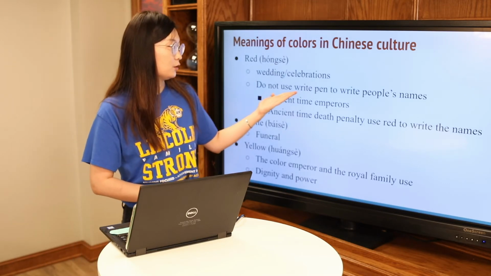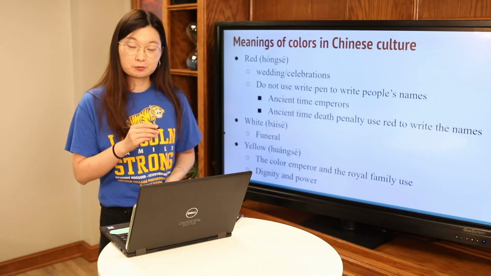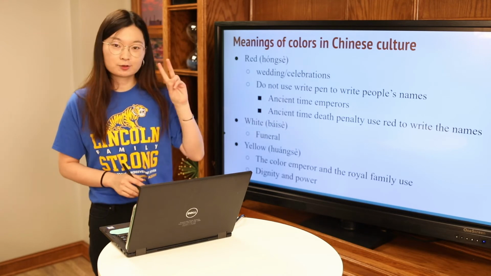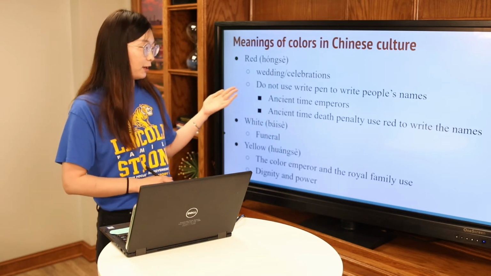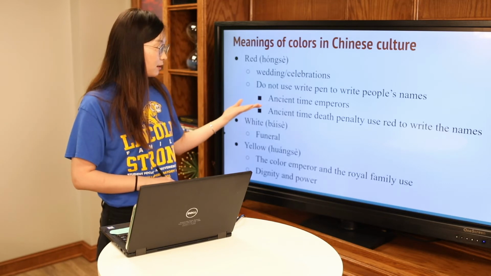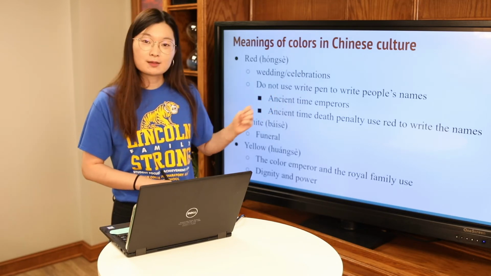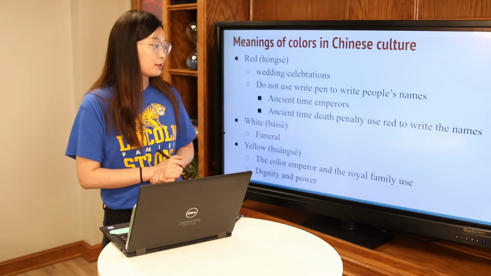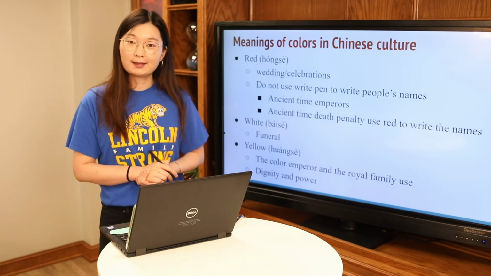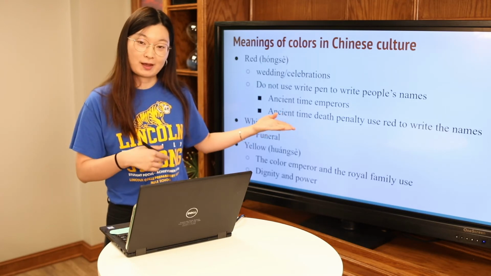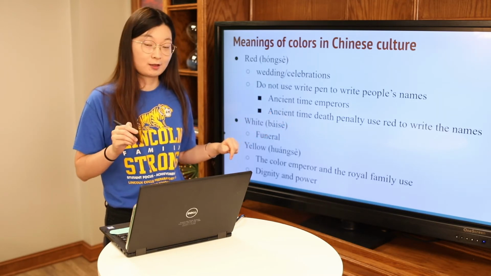We do not use a red color to write people's name in Chinese culture. So there are 2 stories about why we don't use red pen to write people's name. First is because in ancient time, the Chinese emperors, they will use red pen to give comments. So they consider red as the color that the emperor is using. So to respect him, people will not use the color red.